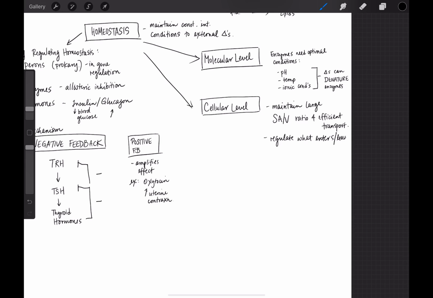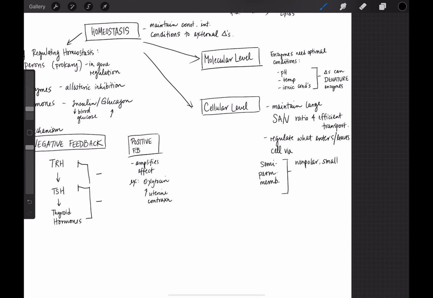The other thing that's really important for homeostasis is you want to regulate what enters and leaves the cell. And that's done through the plasma membrane. So we looked at the structure of the plasma membrane, and we learned that it's semi-permeable or selectively permeable. And that means it only allows certain things to pass easily and others is more difficult, and they require the help of protein channels or transport proteins.